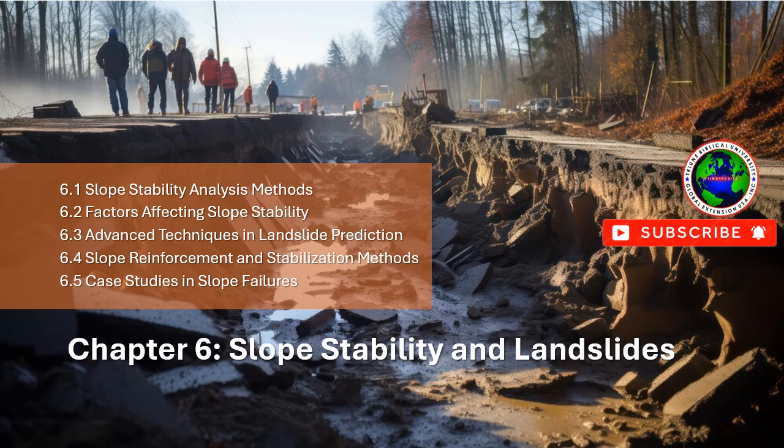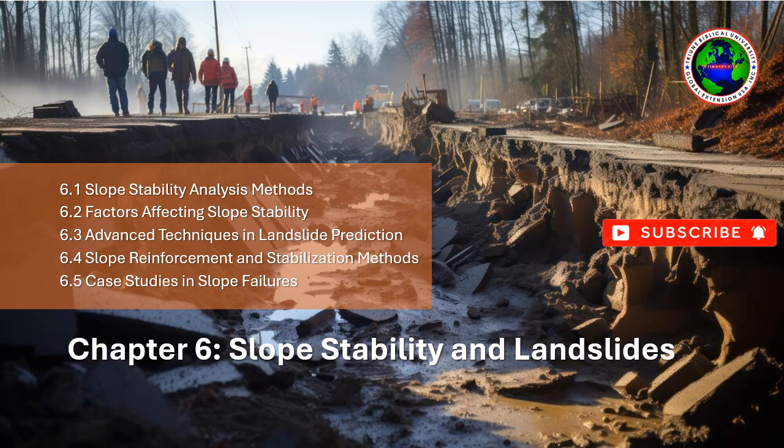The shear strength of soil is one of the most significant factors affecting slope stability. Shear strength is a function of the soil's cohesion and internal friction angle. Soils with low shear strength are more prone to sliding, while soils with high shear strength provide greater stability.